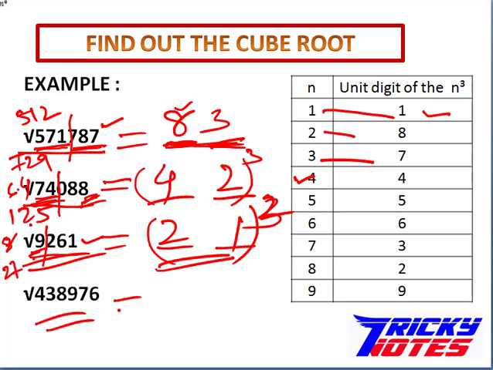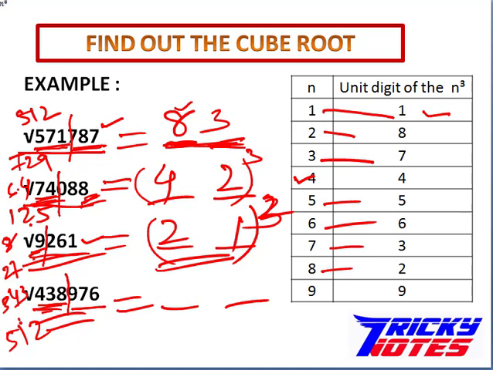Again I am taking a big value. Now you find out this. How will you find out? Two numbers, taking a slash here. 976 will be one side, 438 will be one side. Now what would be the first digit? Think. Cube of 5 is 125, cube of 6 is 216, cube of 7 is 343, and cube of 8 is 512.